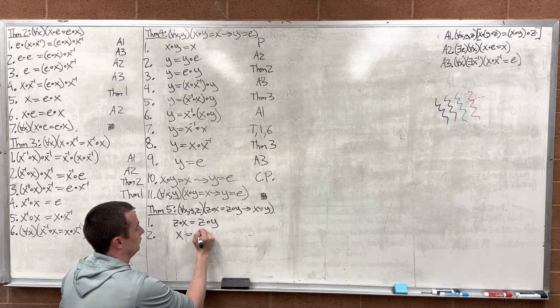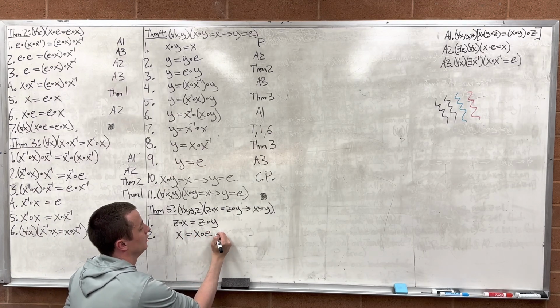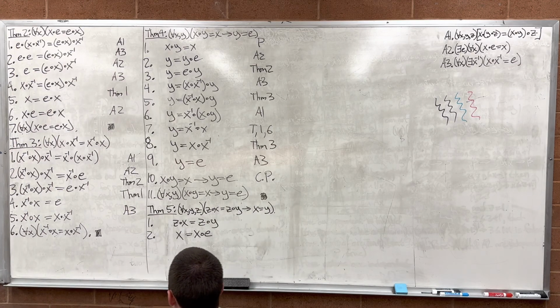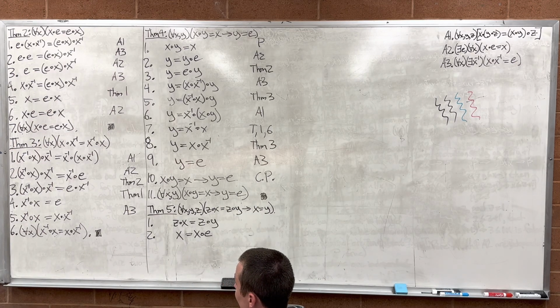Are we allowed to add things to the left, like compose on the left? Because I thought we proved it. Yes, we can compose the same thing on the left of both sides if we want.